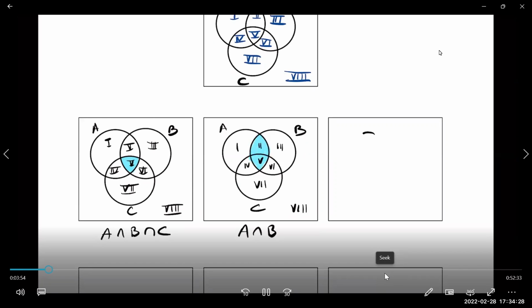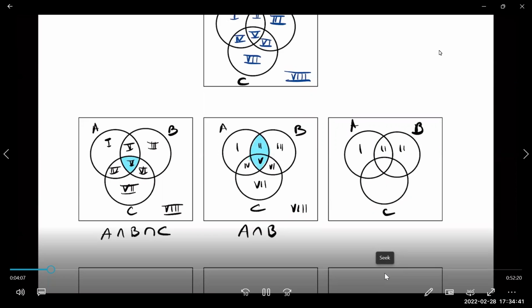All right, let's do the same thing, but this time we're going to do A, B, C, 1, 2, 3, 4, 5, 6, 7, 8. All right, let's look at how about A union B? Union, so remember what union means? All together.